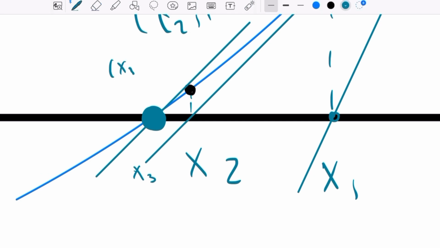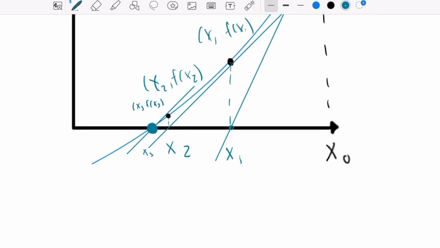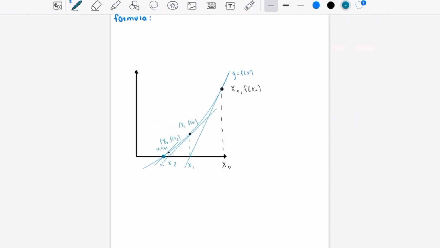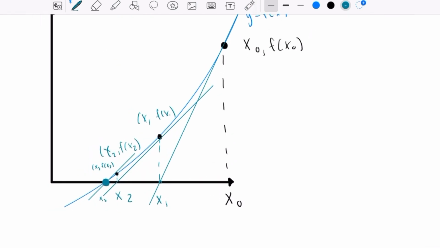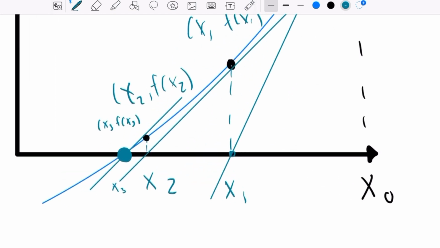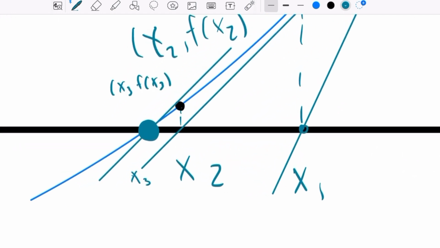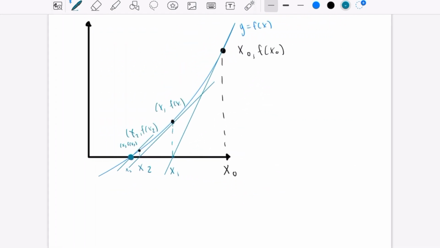So x sub 3, f of x sub 3. So this is just a visual way of looking at Newton's method and how we can use tangent lines and an initial reasonable guess in order to find our sought out root or where the function crosses the x-axis.